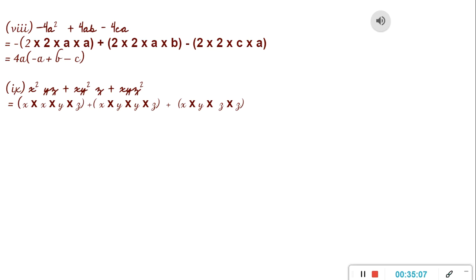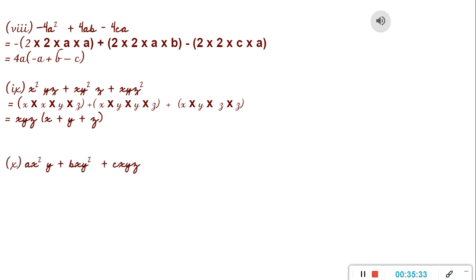Now see what is common here. xyz is common in all the three terms, right? So we can take out xyz. Now what is left inside? x plus y plus z. So what is the factor form? xyz into x plus y plus z.